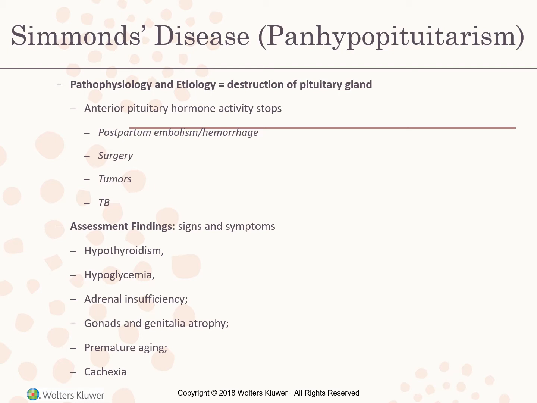So, in assessing, the gonads and genitalia will atrophy. Because of the impaired pituitary stimulus, the thyroid and the adrenals fail to secrete adequate hormones. Some signs and symptoms are hypothyroidism, hypoglycemia, and adrenal insufficiency, which is also called Addison's disease.